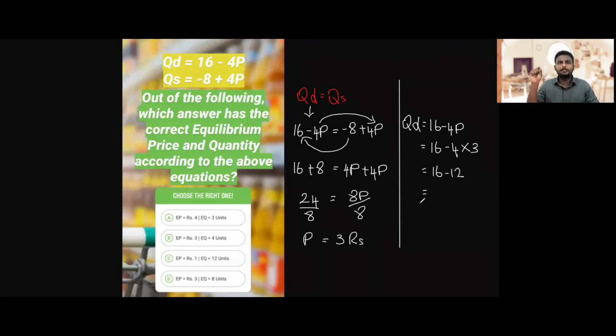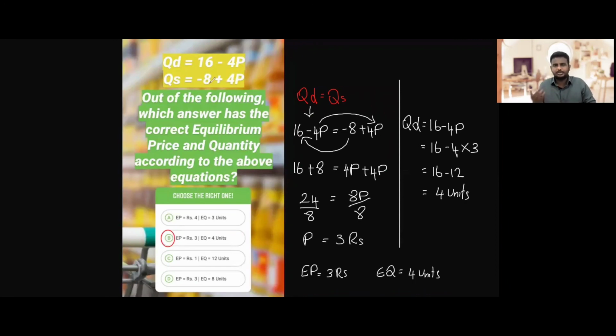So the quantity demanded at the equilibrium price is 4 units, right? So the equilibrium price is 3 rupees, and the equilibrium quantity, as you can see, is 4 units. So you just have to look for that in the answers. And do you have it? Right. Answer B: equilibrium price is 3, equilibrium quantity is 4 units.